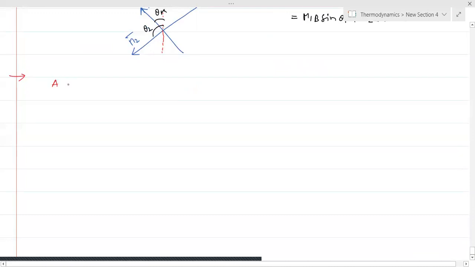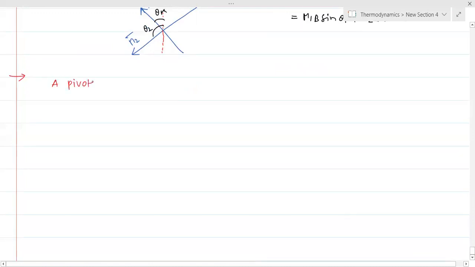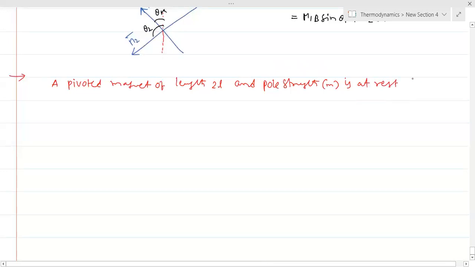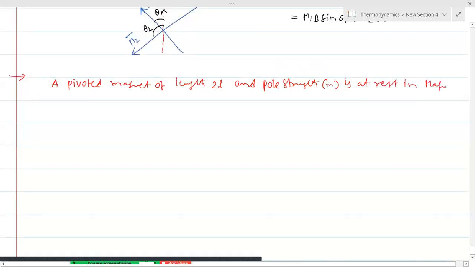A pivoted magnet, pivoted means placed, a pivoted magnet of length 2L and pole strength small m, is at rest in the magnetic meridian.